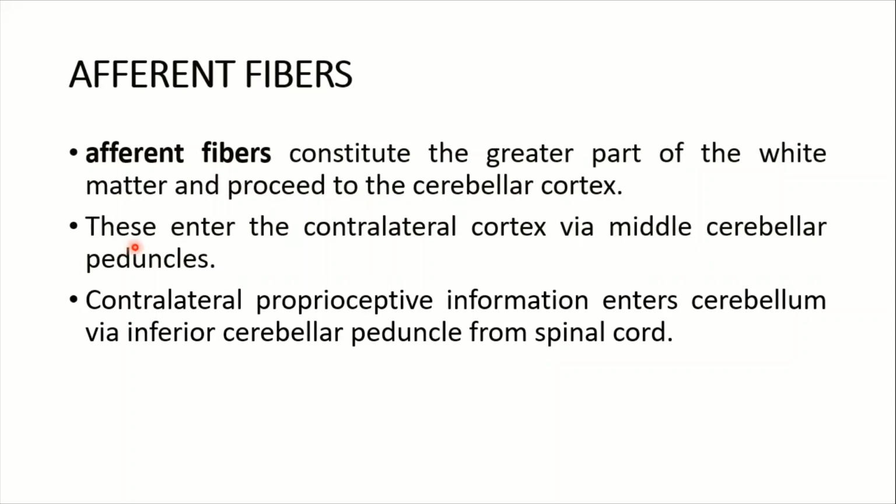These enter the contralateral cortex via the middle cerebellar peduncles. Proprioceptive information enters the cerebellum via the inferior cerebellar peduncle from the spinal cord. The details of the fibers, their names and where precisely they come from, I will upload in a separate lecture on connections of the cerebellum, probably the next lecture.